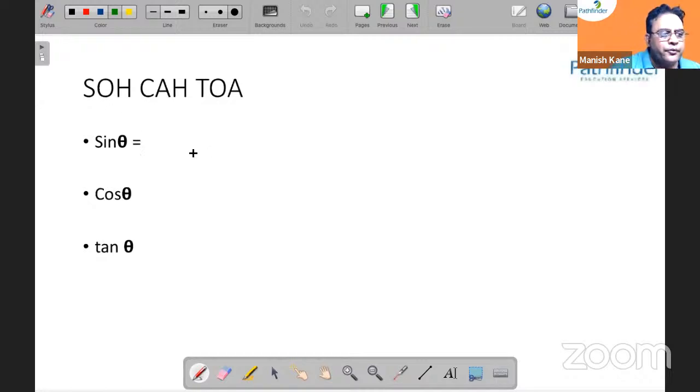Now you all know that sine of theta in a right angle triangle, if this is your theta, then this is opposite side represented by O. This is your adjacent side represented by A, and this is hypotenuse. This is what our standard nomenclature is.